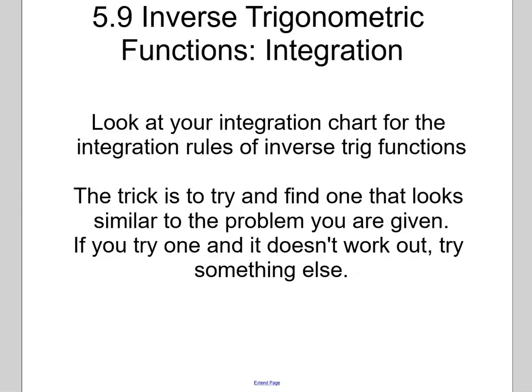So if you end up with a negative arcsine as an answer for an integration, it just means that it could be written as an arccosine. And so we don't need a separate rule for that. Same reason why we don't have an arccotangent rule. If you compare arccotangent and arctangent, and then arcsecant and arccosecant. So that's how we only have the 3 rules at the bottom that we're going to look at.